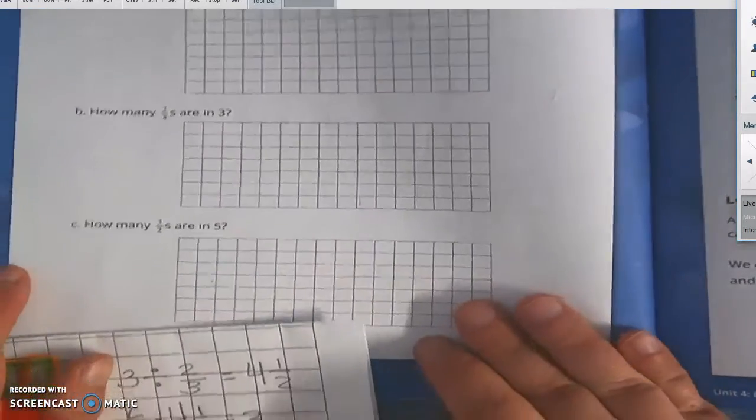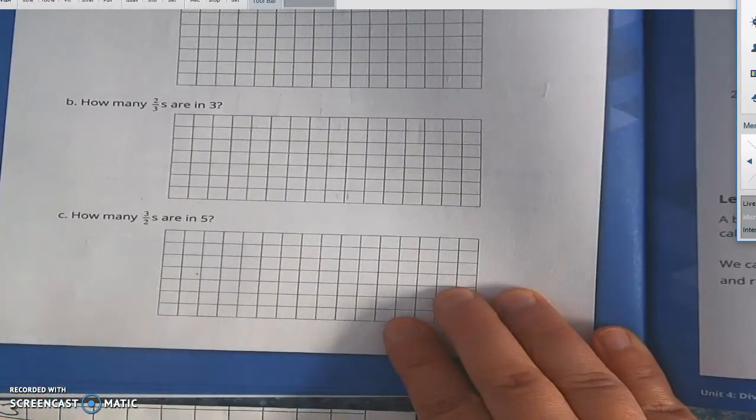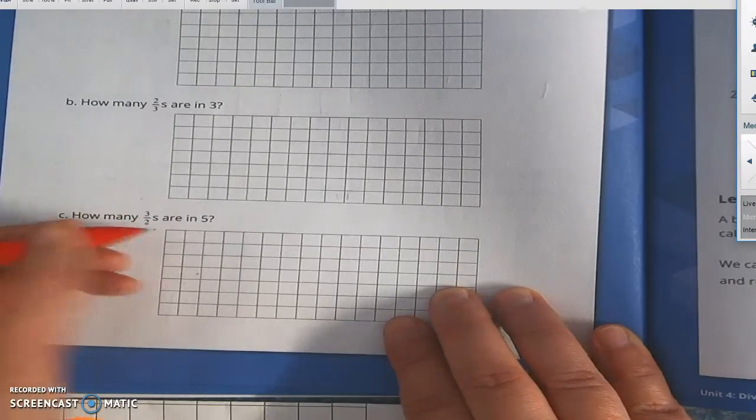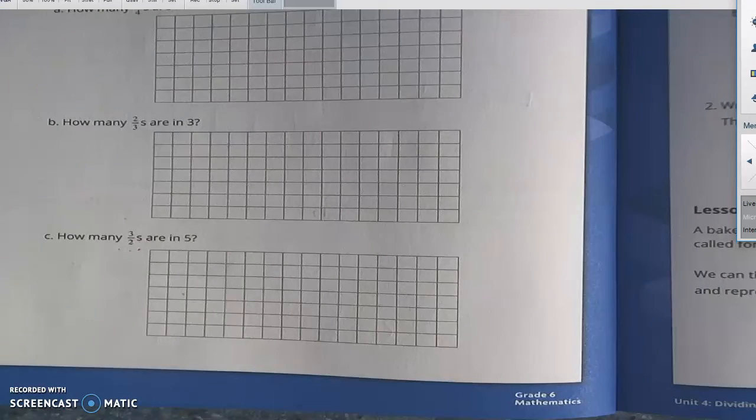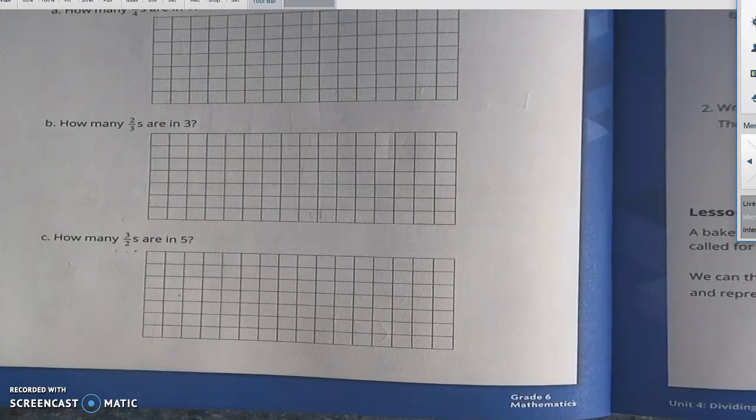Okay, we have one more to do in this section. How many 3/2, so 3/2 would be 3 groups of 1/2, are in 5? Again, I want you to try it, even if it means you have to redraw it on graph paper once you see mine.